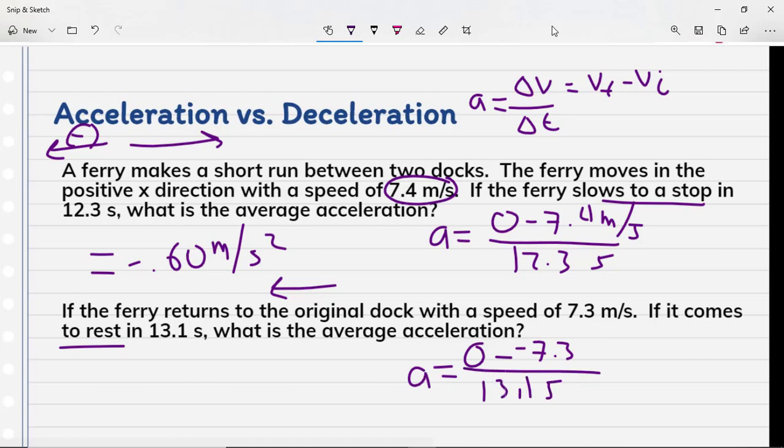Remember that negative sign is due to the fact that we're looking in the positive direction going to the right, so we have to go negative when we go the opposite way. Now we plug that into your calculator. Two negatives make a positive, so 7.3 divided by 13.1. Our acceleration here is going to be 0.56 meters per second squared.